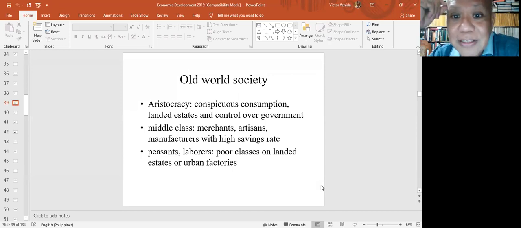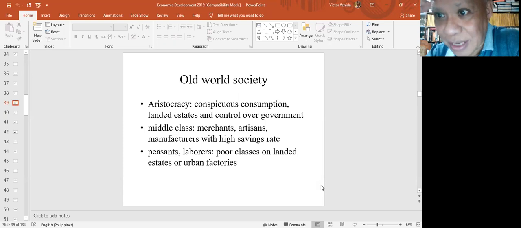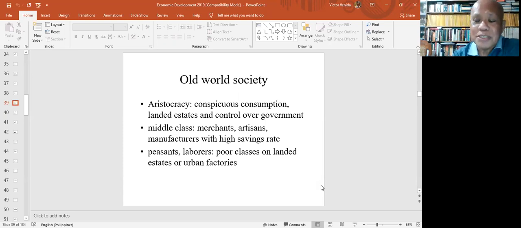Now, the middle classes were business people engaged in manufacturing, trade, and the like. And as such, for them to survive and thrive, they needed to have and maintain high rates of savings. Okay? And the high rates of savings did not mean that they would invest in bank deposits. There were not very many banks yet, but there already were.